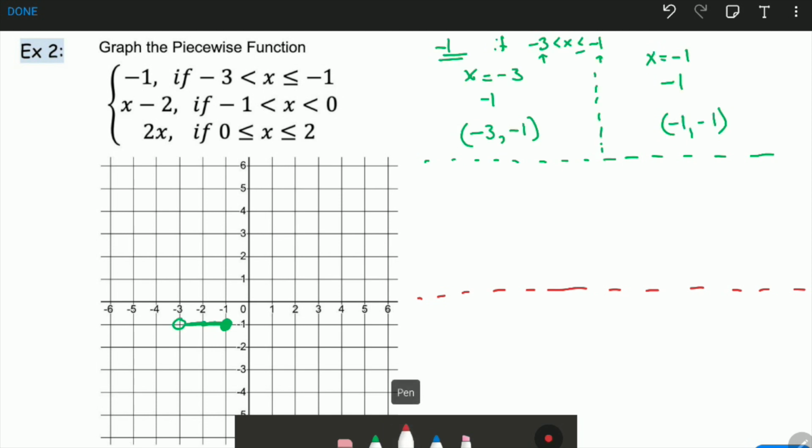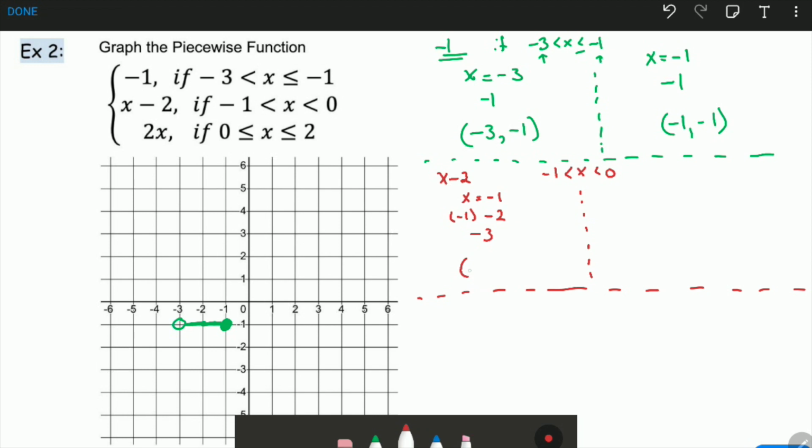Next piece. The next piece is x minus 2. It's on the interval -1 less than x less than 0. Our first x value, or first endpoint, is -1. So if we plug that into our equation, we have -1 minus 2, which is -3.